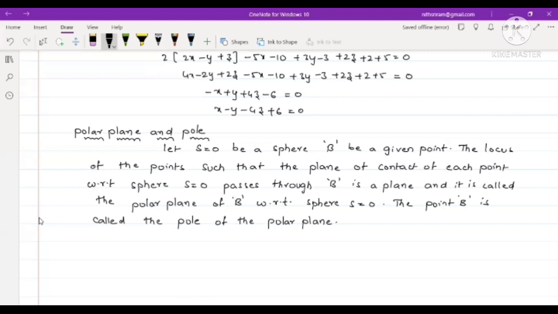Okay, so once again, if you want to find the polar plane with respect to the sphere S is equal to 0 at the point, the formula is nothing but S1 is equal to 0. Okay, so I'm writing that.